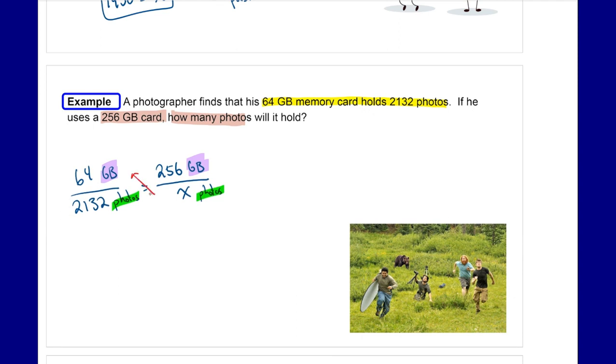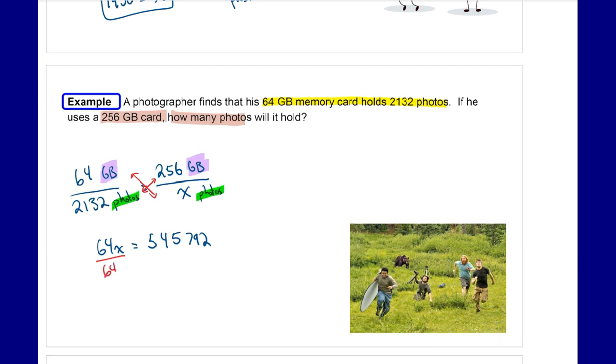Next, we're going to cross multiply. So 64 times x, 64x, and 2,132 times 256 was 545,792.